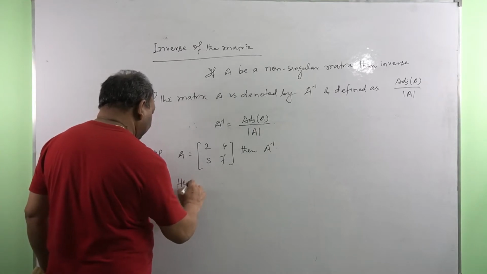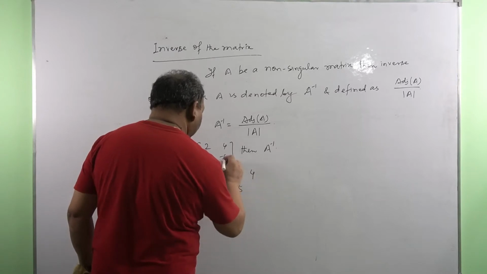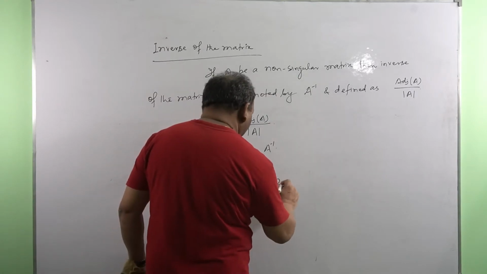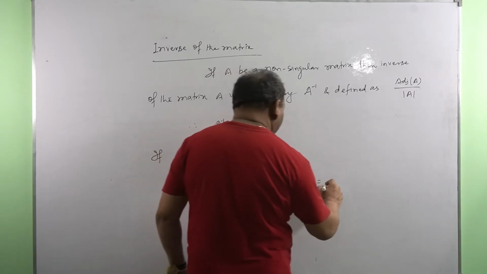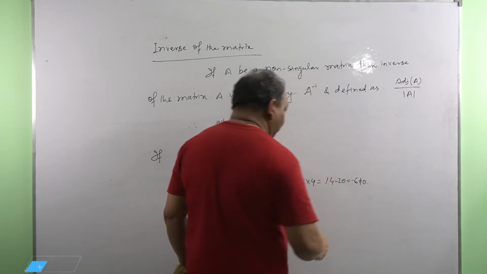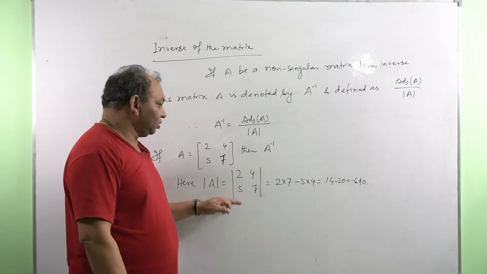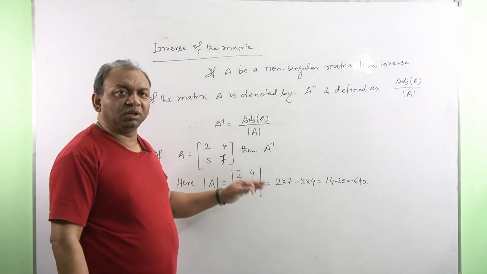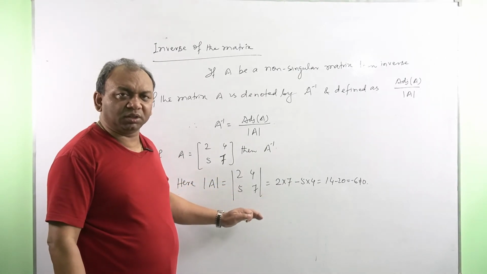Here the determinant of matrix A is 2 into 7 minus 5 into 4, which is 14 minus 20, that is minus 6, which is not equal to 0. So the inverse of the matrix exists. This is the first condition, whether the inverse exists or not. If the determinant of A is not equal to 0, then the inverse exists. If the determinant of A is equal to 0, then the inverse does not exist.